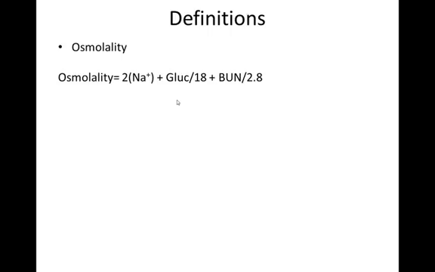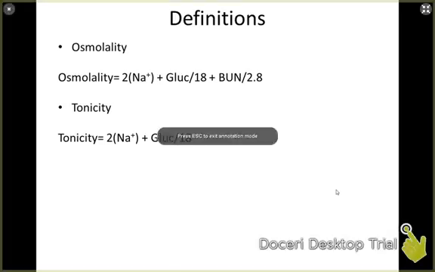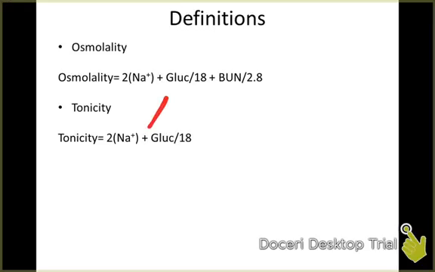So what is tonicity? What's the difference between osmolality and tonicity? When we talk about tonicity, we're talking about intracellular values. Osmolality measures the concentration in the blood, the water concentration in the blood. Tonicity basically measures the water concentration inside of the cell. As you can see, the equations are fairly similar between these two.